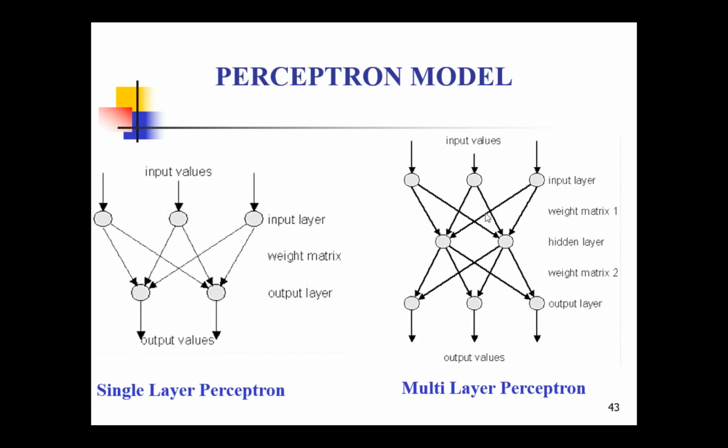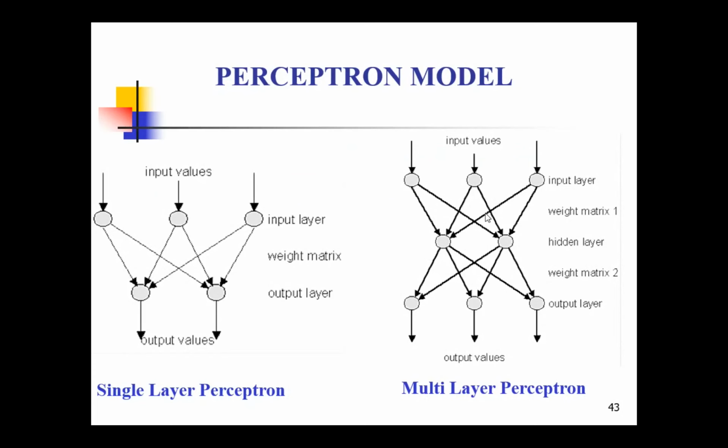In the single layer perceptron, the sum is the weight into the input plus the bias, and that is fed to the activation function. Here, in weight matrix 1, the sum is equal to the weight into the input value plus bias, which is fed to the activation function, and that activation function provides a value to the hidden layer.